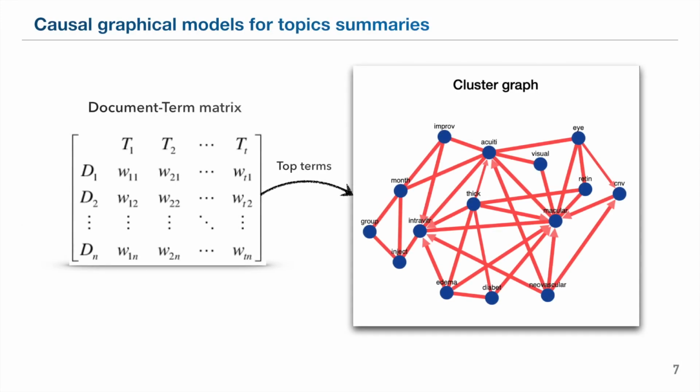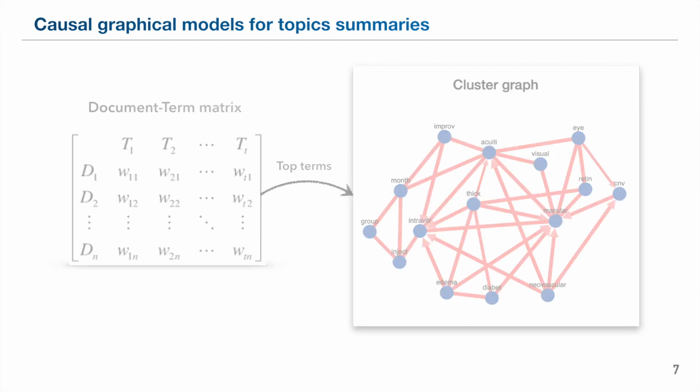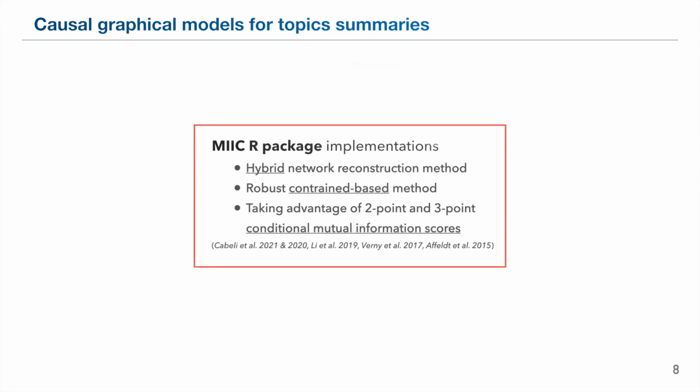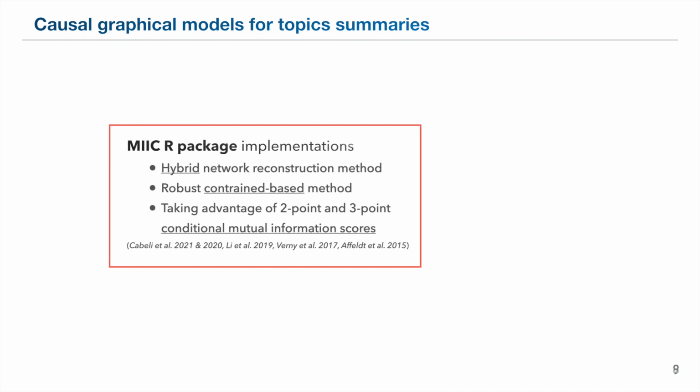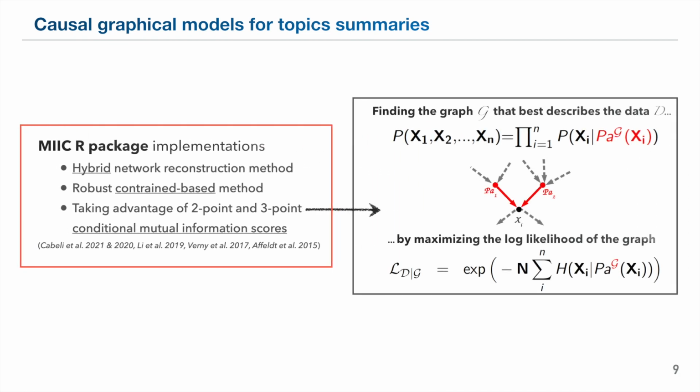And this can be achieved by reconstructing causal graphical models based on word representations that are extracted from the document term matrix. To achieve this, we use the MIIC package, which is a hybrid network reconstruction approach based on a robust constraint-based method. In particular, it takes advantage of 2- and 3-point conditional mutual information scores.